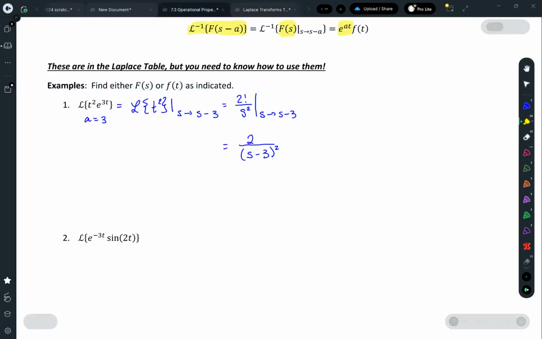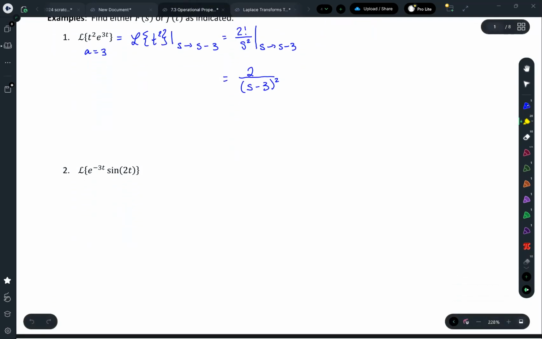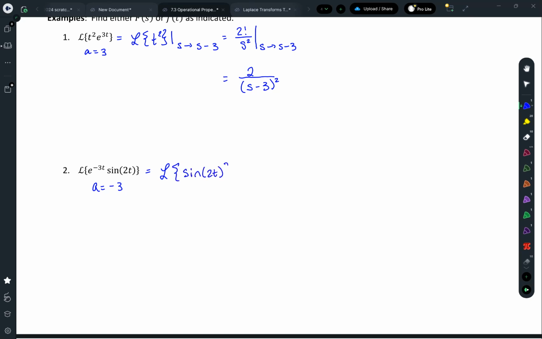All right, next example, we want the Laplace of e to the minus 3t sine of 2t. So here, I'm noticing that a is equal to minus 3. So the opposite sign of the previous one. I'm going to rewrite this so that I focus on the Laplace of sine of 2t, close the curly brackets, and whatever we get, we're going to change s to s plus 3.